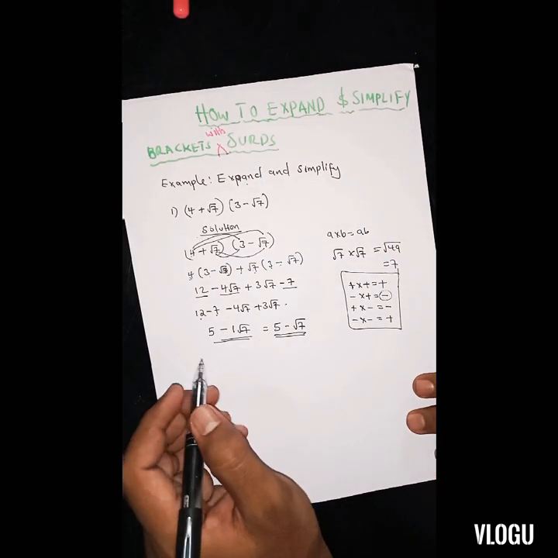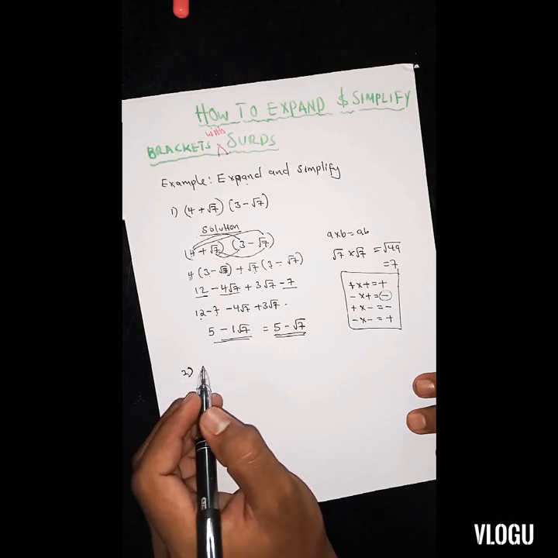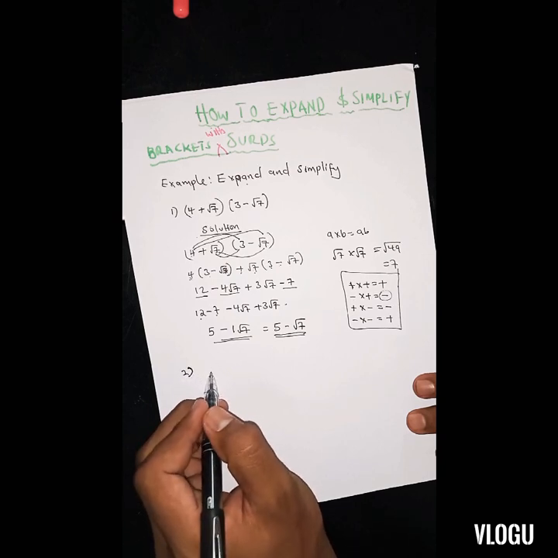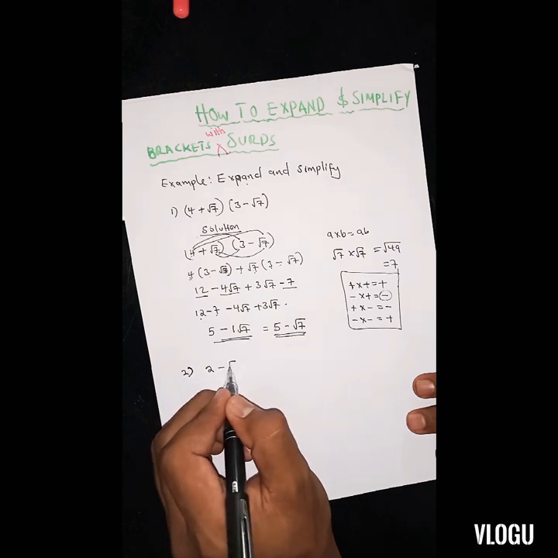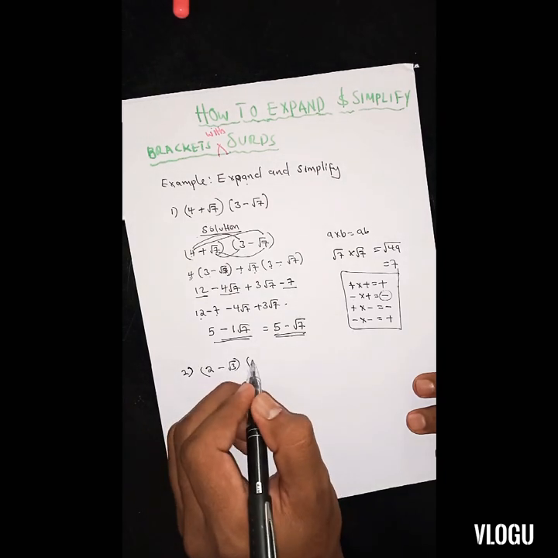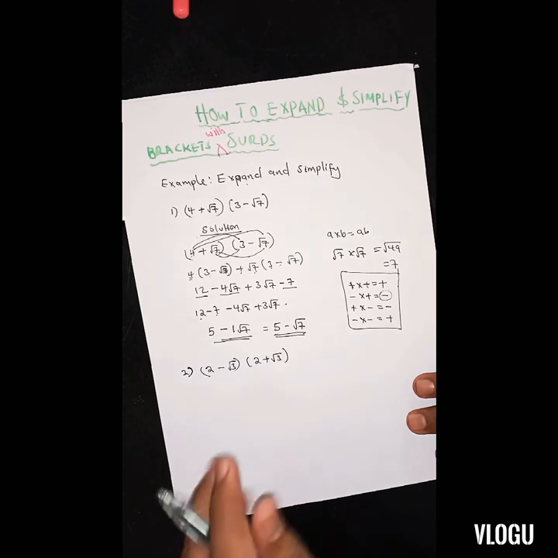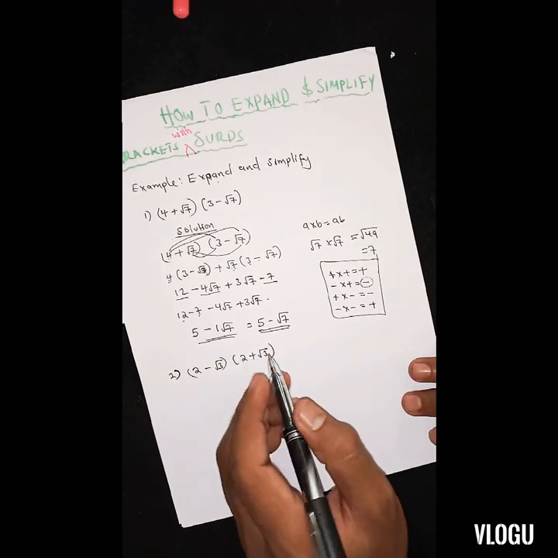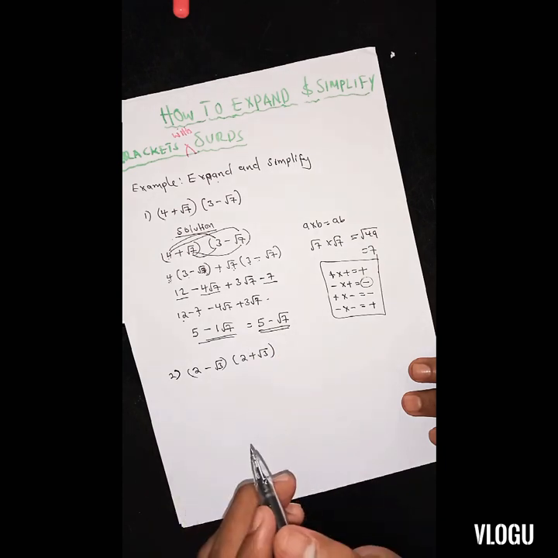Okay, now let's go to another example. Let's go for the second example. So the second example says 2 minus root 3 multiplied by 2 plus root 3. In the same case we have done in the previous example, we're going to use the same method.